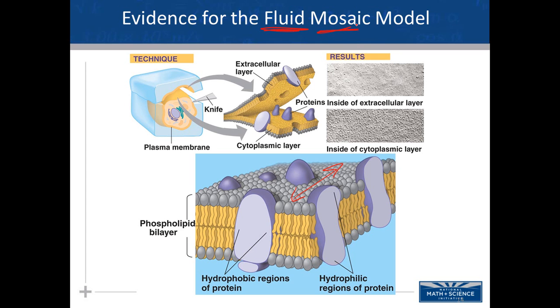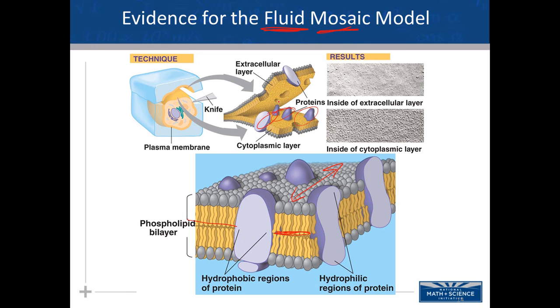Now, the evidence that we have for that is the ability to use an electron microscope to actually look inside the phospholipid bilayer. We've been able to fracture this membrane and basically peel it back. And when we do that with an electron microscope, we can actually see these proteins inside the middle of the phospholipid bilayer, indicating that it is indeed kind of like a mosaic.